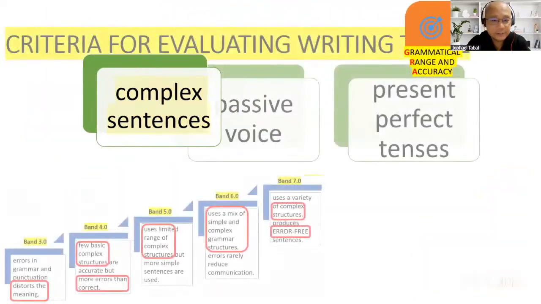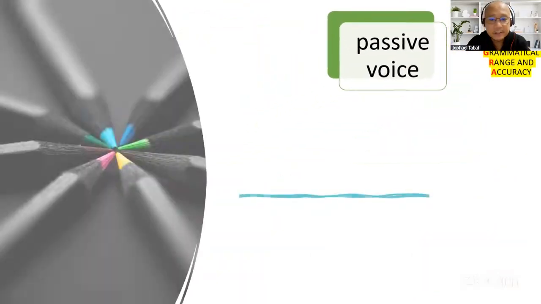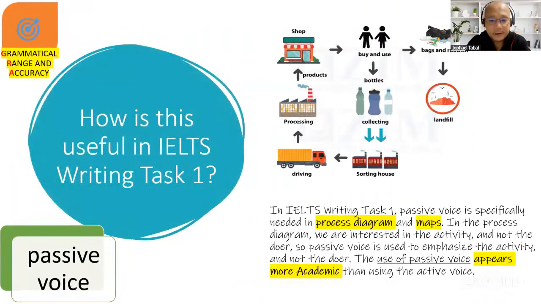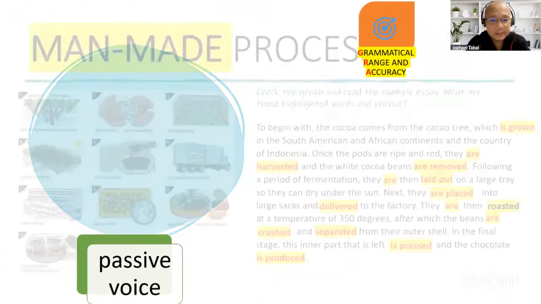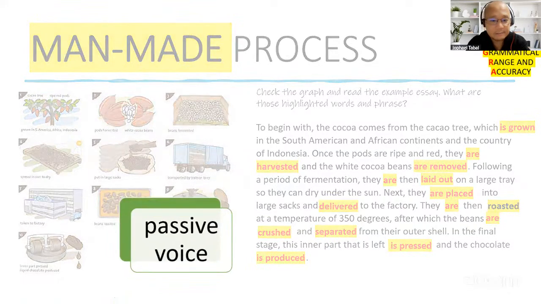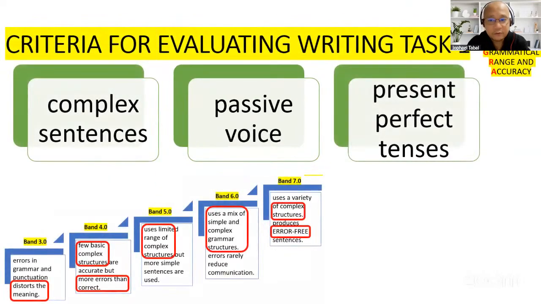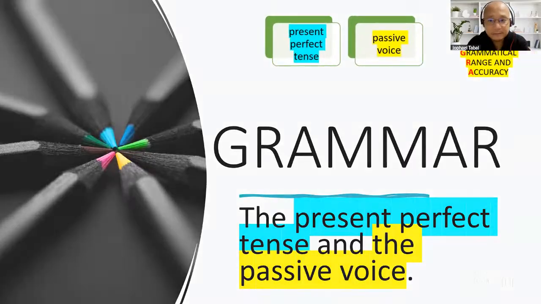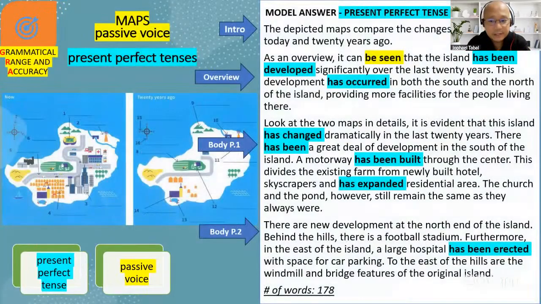And passive voice is very useful in Writing Task 1 processes, very useful and very obvious. So this is the most obvious grammar that must be used here: use of passive voice in man-made process. And for maps, the most obvious grammar to be used is present perfect and passive voice.